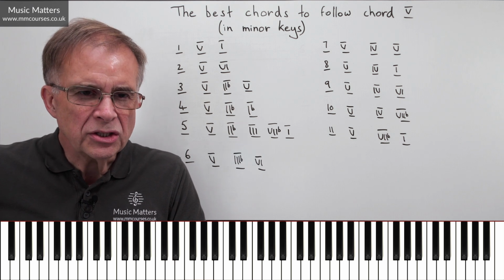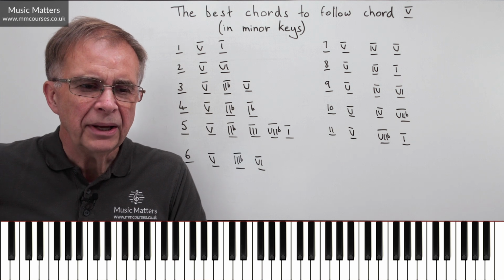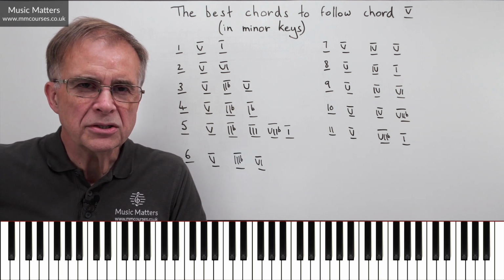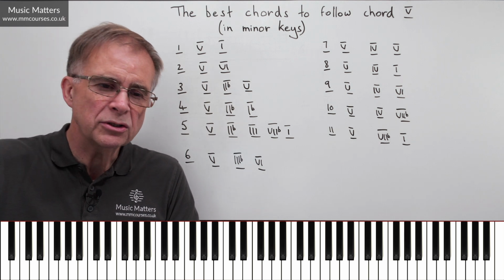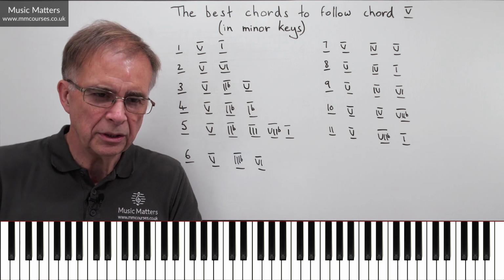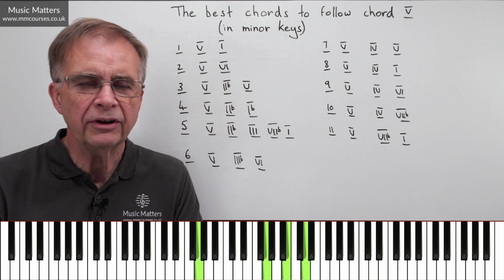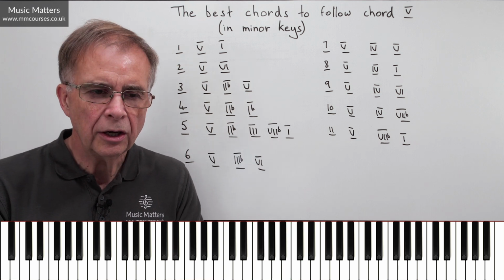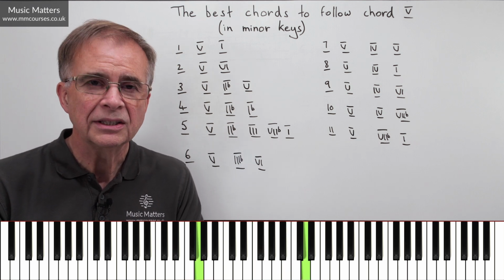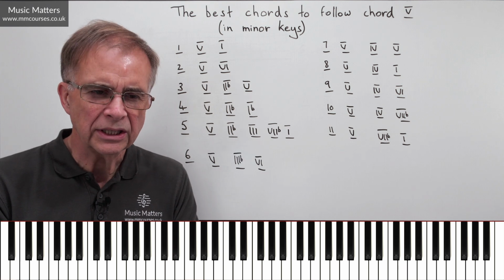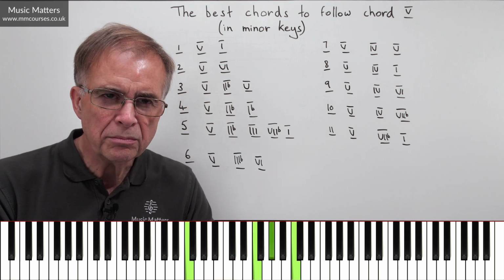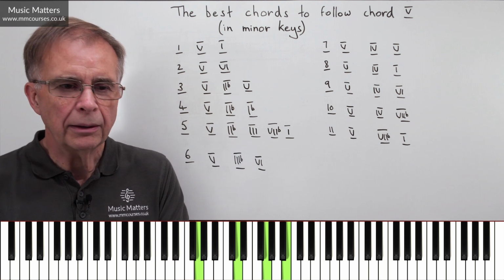There are some dangers in going 5 to 4, but actually, it can be used very effectively, particularly if you can get some contrary motion between the top and the bottom parts. If you just go 5, 4, 5, you're going to be loaded with octaves and fifths. But if you can get yourself organized so you're going in contrary motion, you won't have that problem.